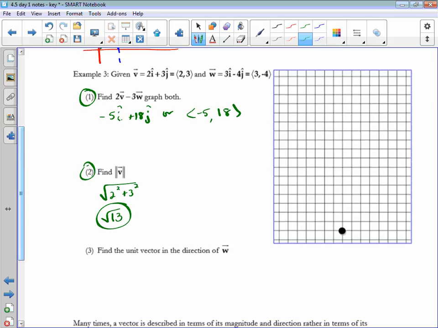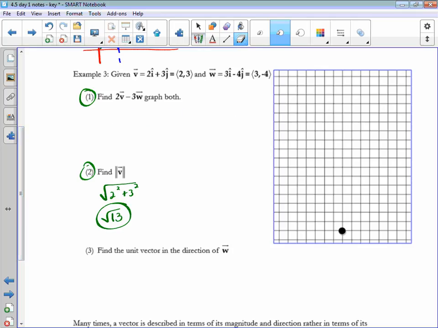Sure. Let me just go through it. I just wrote the answer for one, but if you didn't get it, that's okay. So 2 times v, that's 2 times that vector, and then 3 times that vector.